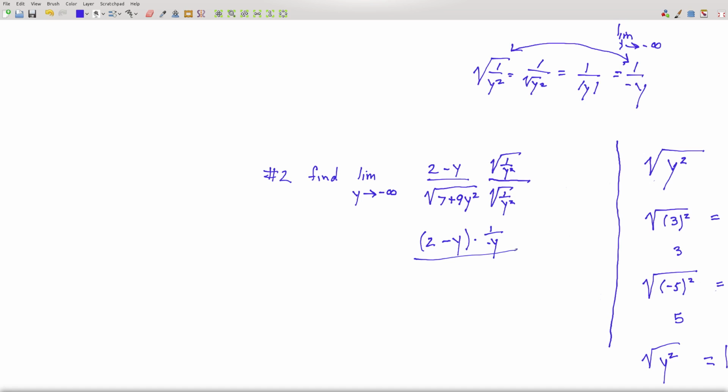Now, this is a very good version to leave on the bottom because I can't get inside that radical unless I'm multiplying two radicals. So I'm going to leave this and actually distribute now.